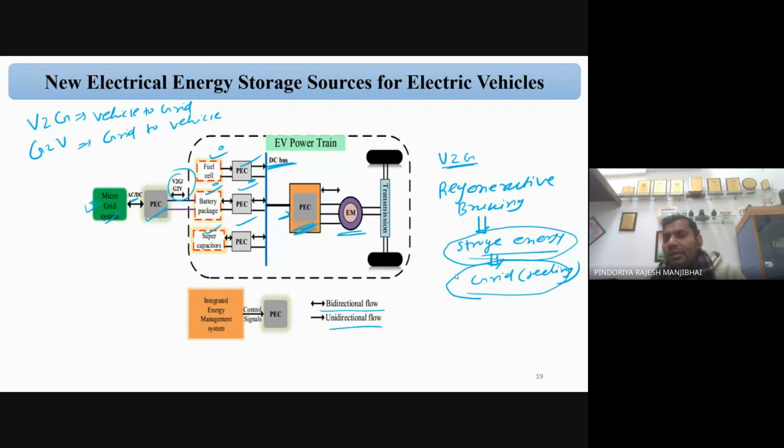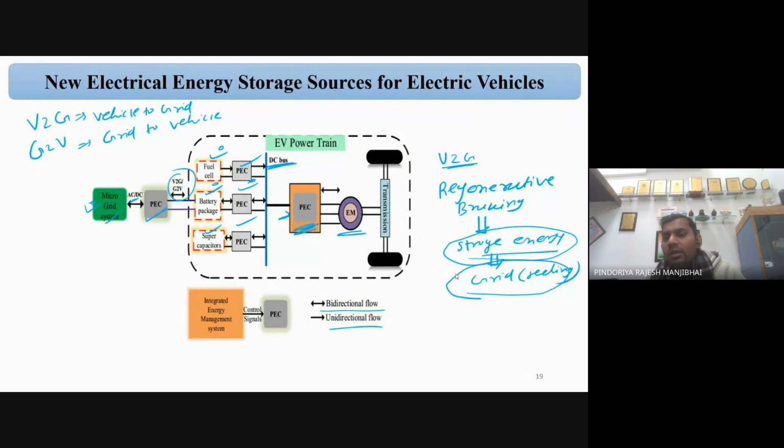So stability is an issue while operating V2G. To resolve this stability issue, we have to use advanced power electronics technology. That is the main role. Suppose somebody is working on V2G, then the role of that engineer is to design the control algorithm for stability.